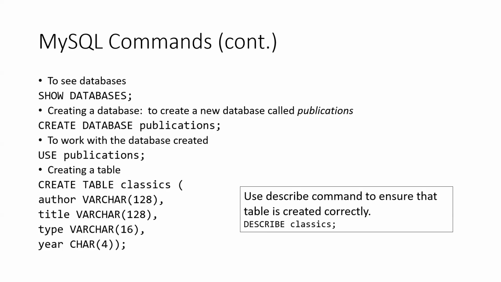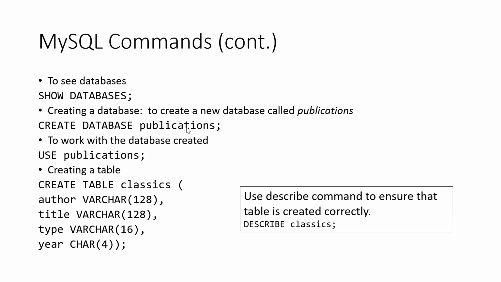Once you figure out there is no database with the name that you are going to create, you can create a new database. We are going to create a new database called publication. So the command is create database publication, to store the publication details.